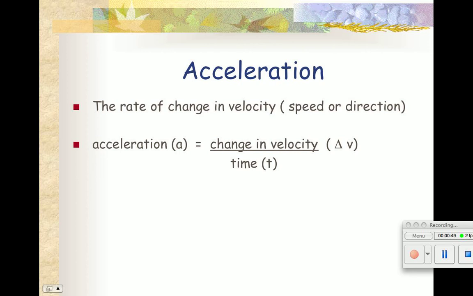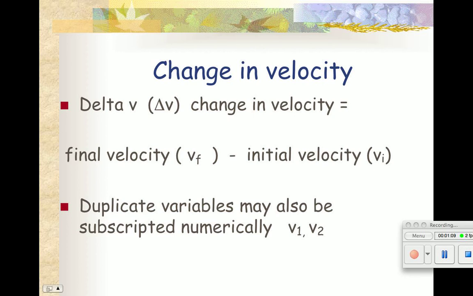We can also use a mathematical equation to define acceleration. Acceleration is equal to the change in velocity over the change in time. So we usually use A to represent acceleration, and delta V, that little Greek delta sign, means change in velocity, over time. So how do we find the change in velocity? It's really our final velocity minus our initial velocity.